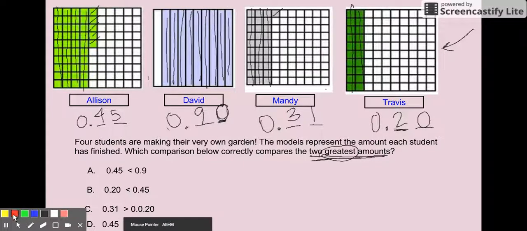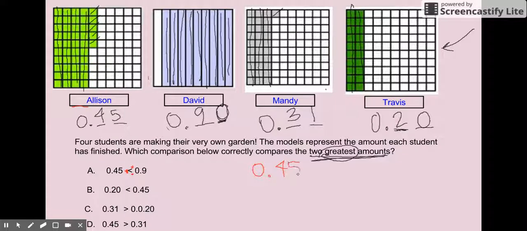Let me just erase that because I don't want it to be distracting. Okay, let's look very closely at A. A says 45 hundredths, or Allison's garden, because it's only got the 1 dot here and it has 2 dots here, is less than 90 hundredths, or David's garden. Let's line them up.